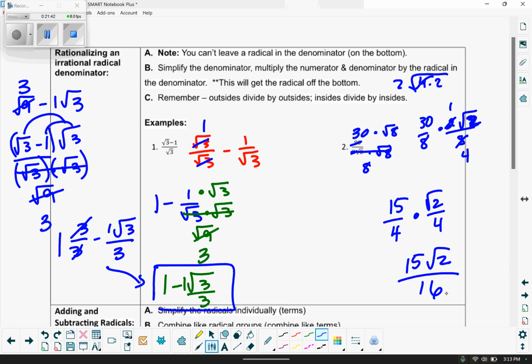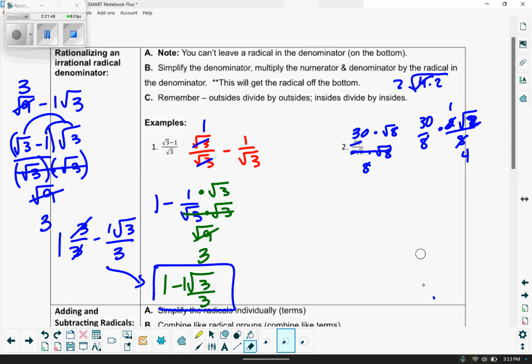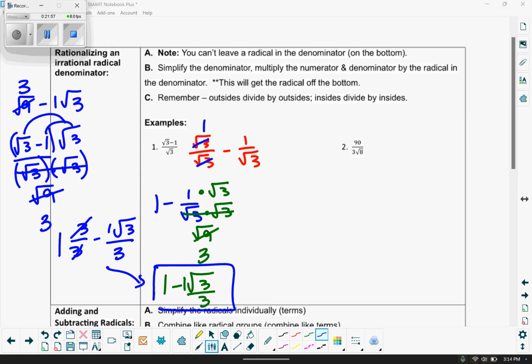Ooh, that looks ugly. That is so not right. Erase, erase, erase. Let's try that again. Got a little distracted. Let me stay focused. All right, let's try that again.